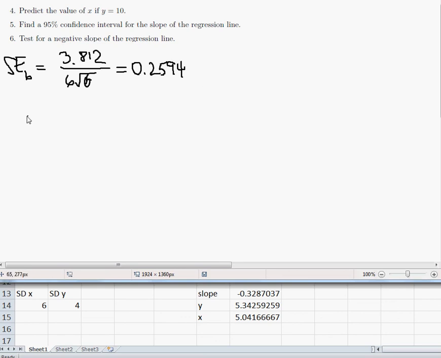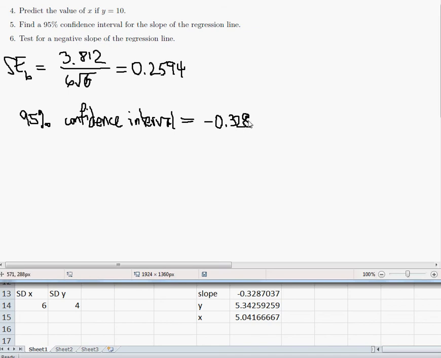So the 95% confidence interval: well, the slope that we got before was negative 3.287.